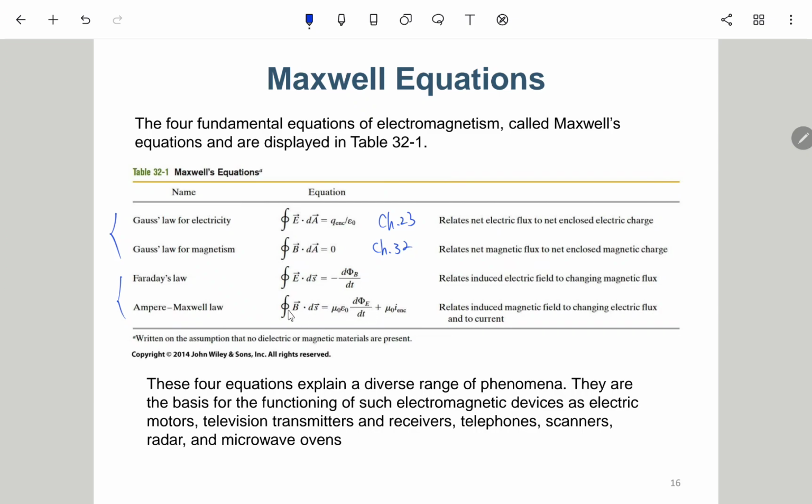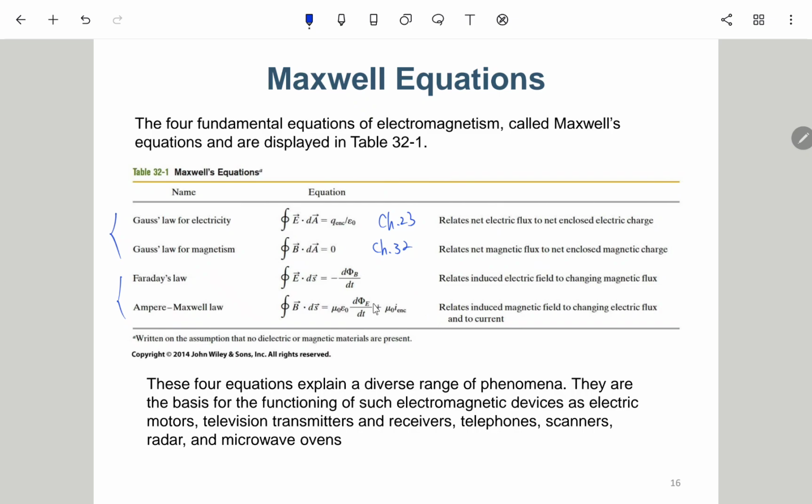So a time varying E field will generate B field, and then it will be a time varying B field. This time varying B field will generate a time varying E field again, and then going back to here, looping back and forth. But if we only have a static current, it will only generate a static B field. This static B field won't generate E field, because the derivative of a constant is zero.